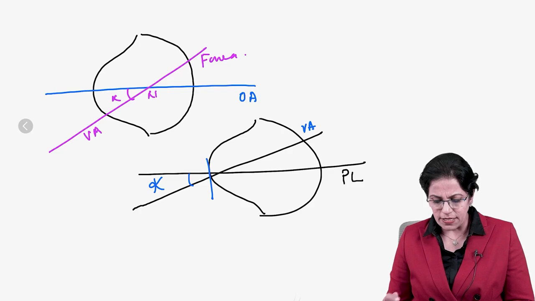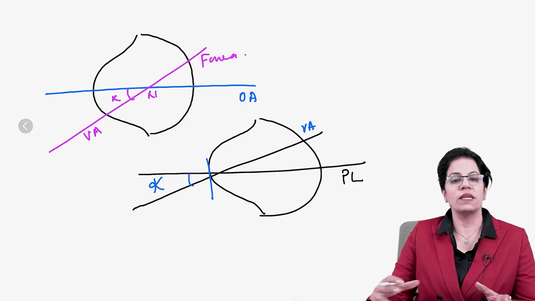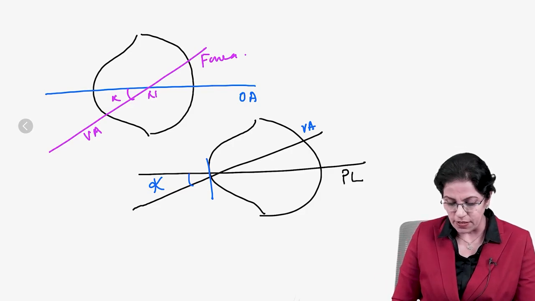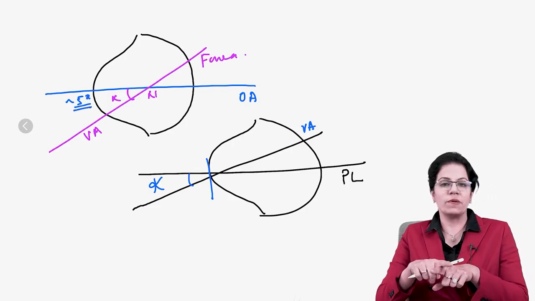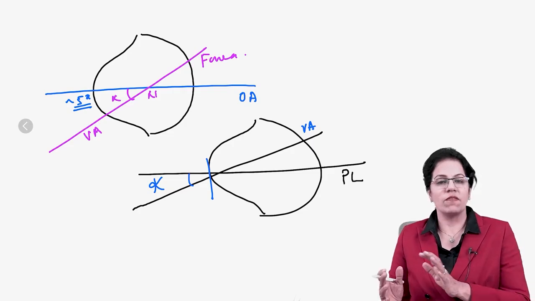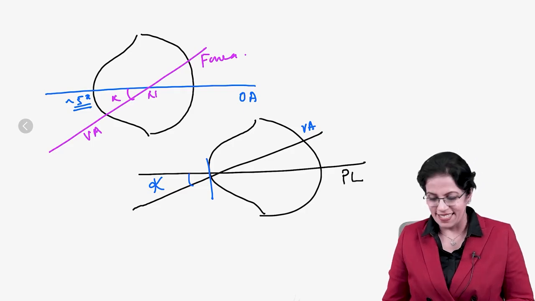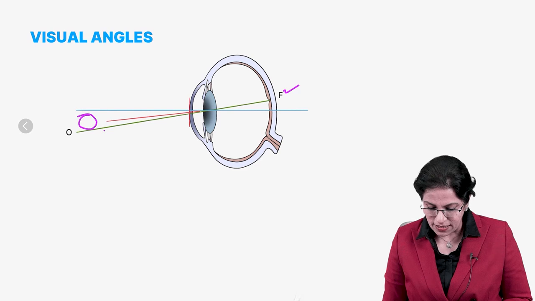So there's hardly much difference. What the actual value of alpha is, of course, for convenience, I've made it so broad just to explain to you. Otherwise, it's only 5 degrees. There's not much difference between the optic and visual axis. Alpha and kappa are almost the same except for very minor differences. If you look here, this red line is the pupillary line.